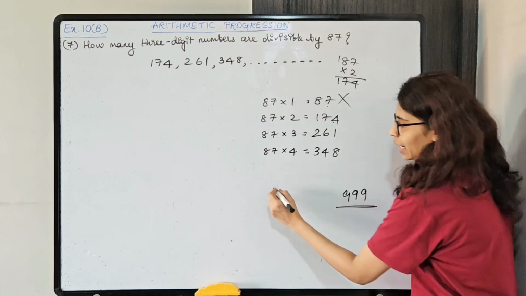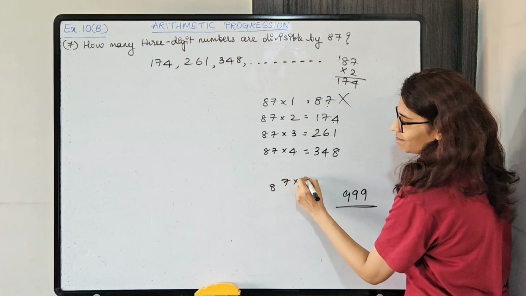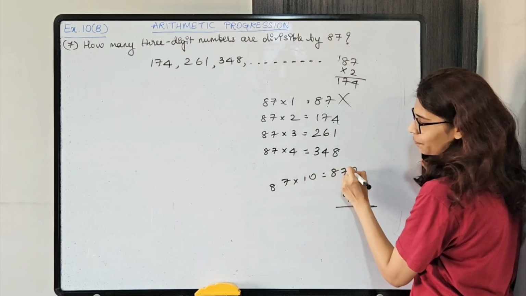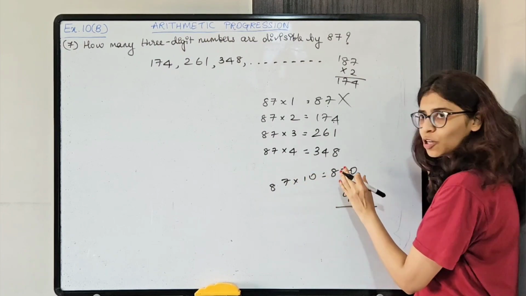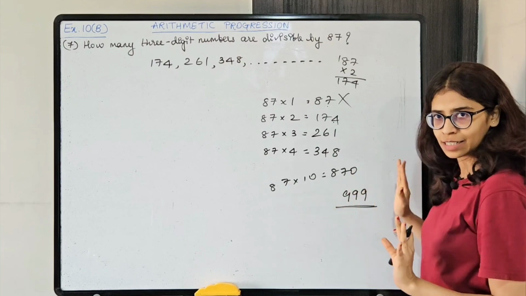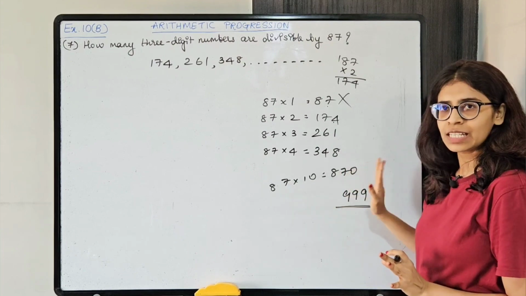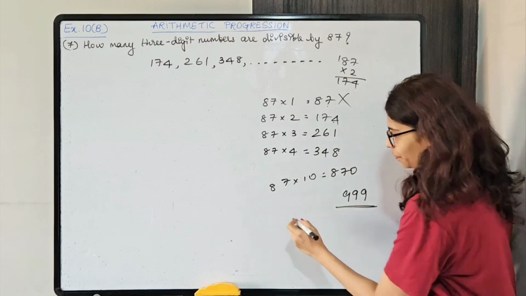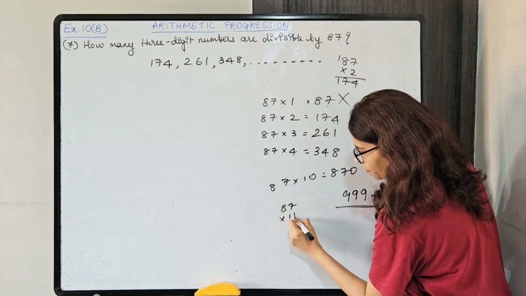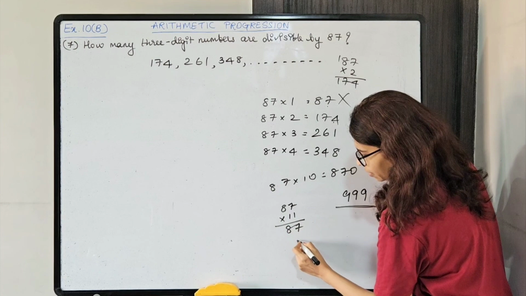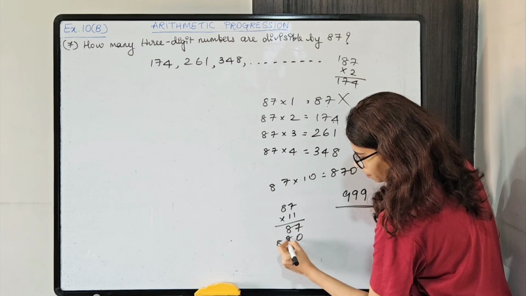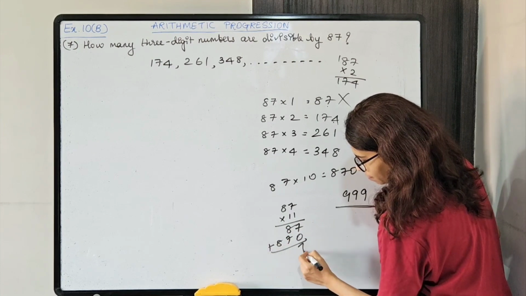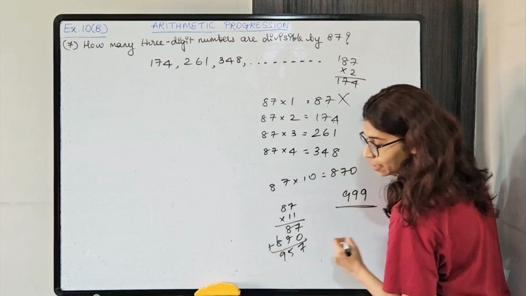Now 87 10s are, we know it is 870. Okay, so I am closer to 999 now. Let us consider 87 11s are and see what we get. So that will give 957.